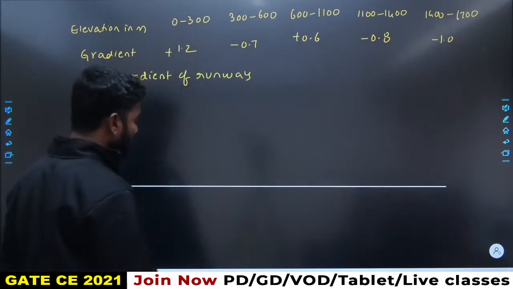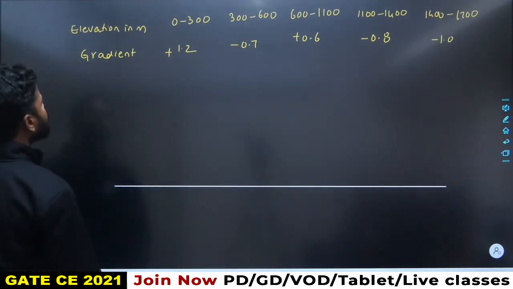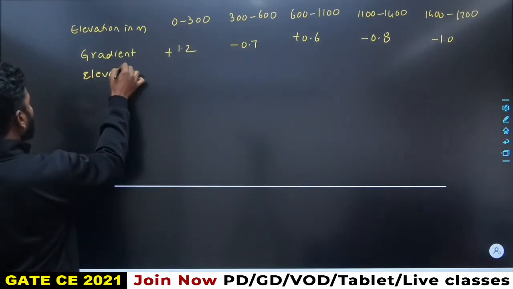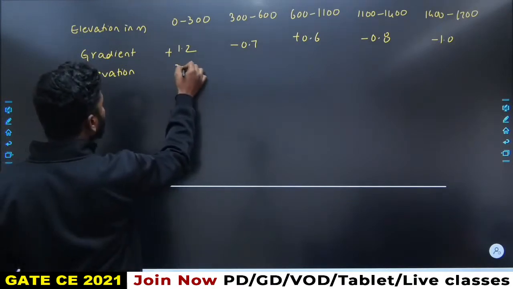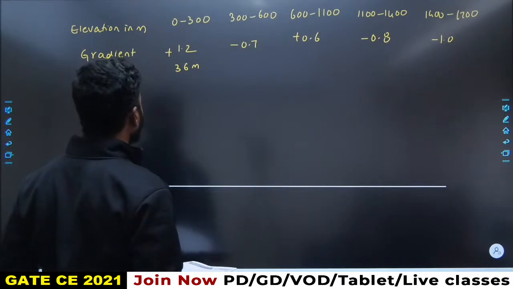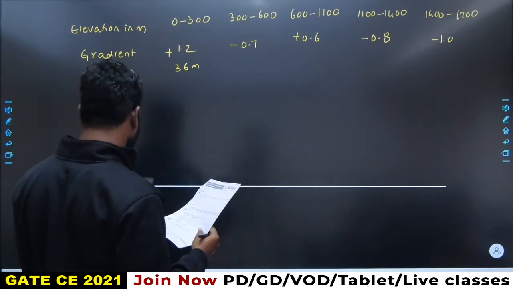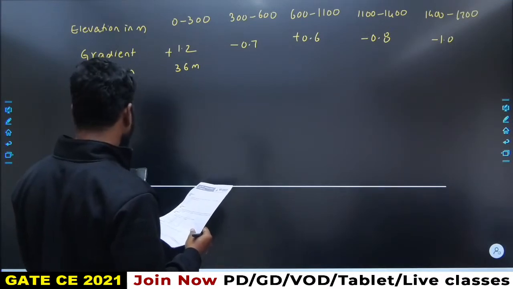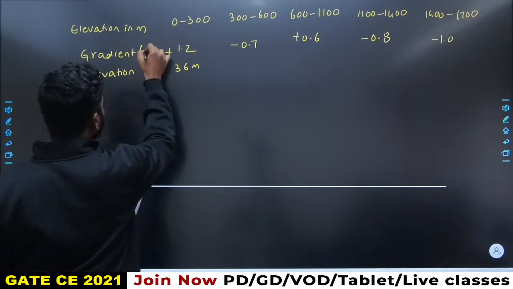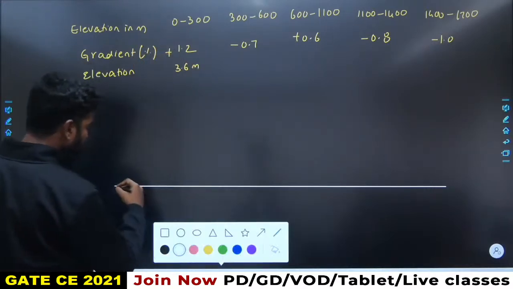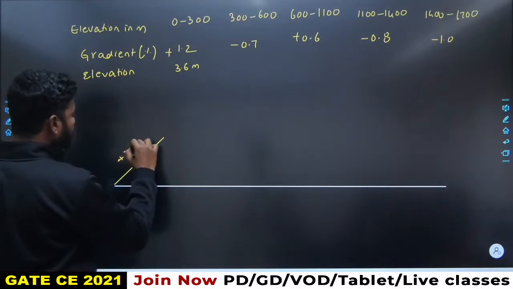So 0 to 300 meters, gradient is plus 1.2, what would be the elevation? 300 multiplied with 1.2 divided by 100, so this is 3.6 meters. This is in percentage. So from 0 to 300 there is a rise of 3.6 meters.